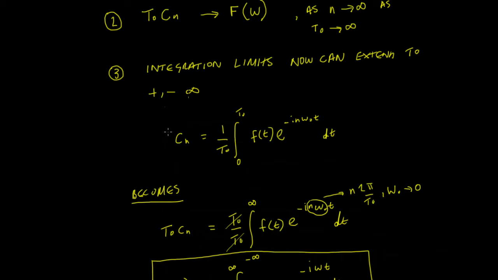So now, instead of Cn, we have T0 Cn, so T0 would cancel with T0 here, and we would have f of t times e to the minus j n omega naught t. But that n omega naught is the same as saying n 2 pi upon T0. Now we know that T0 tends towards infinity, so this whole value n omega naught is going to tend towards a fixed value, because n gets very large and T0 gets very large as well.